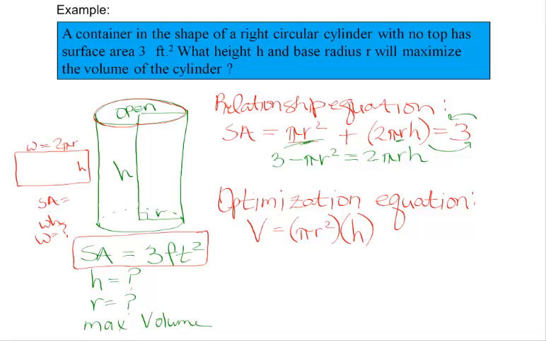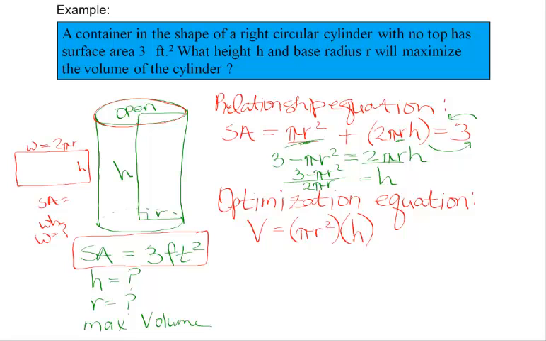And now I am going to divide both sides by that term. So H must equal 3 minus pi r squared all divided by 2 pi r. Now be really careful about trying to cancel pi and trying to cancel r.